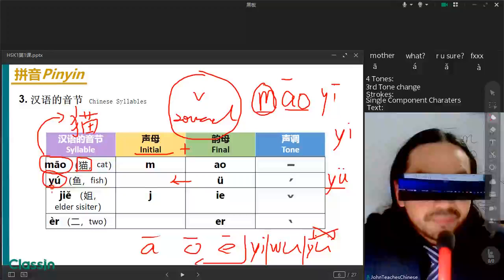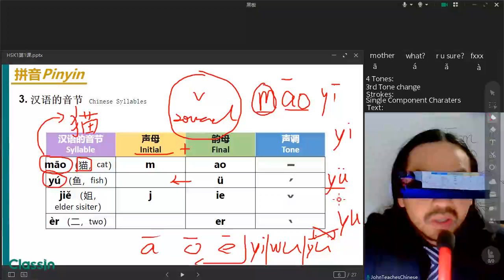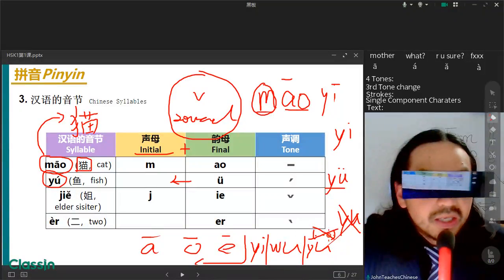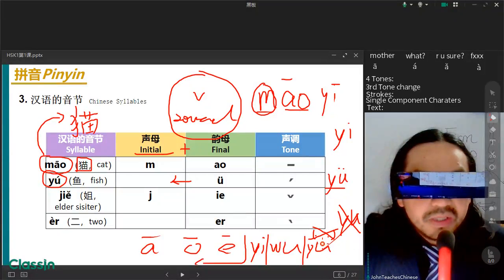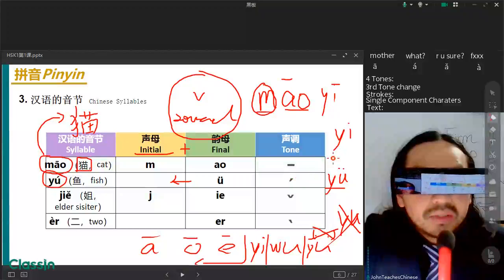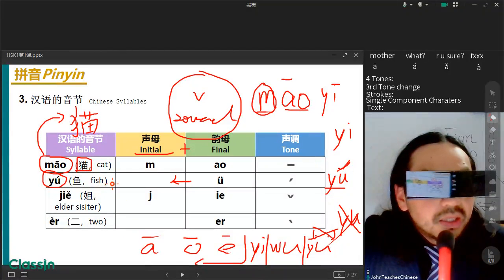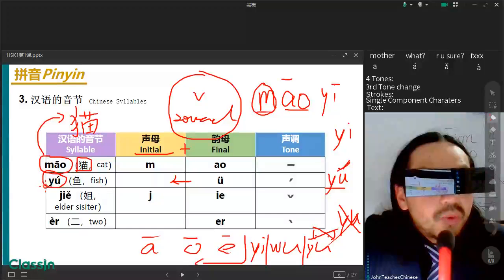Just remember, there's no separate yu. So when you see y plus this u, it only represents yu. Yu, second tone, yu.